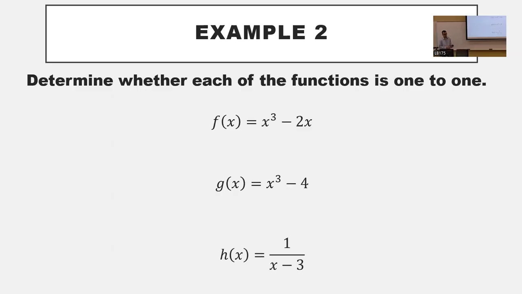This time, I think I'll just graph it on the TI-84 calculator instead. We'll go y equals, and then graph x to the third minus 2x, and then x to the third minus 4, and then 1 divided by x minus 3. I can project that up.